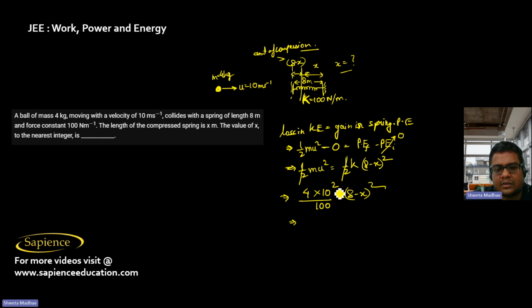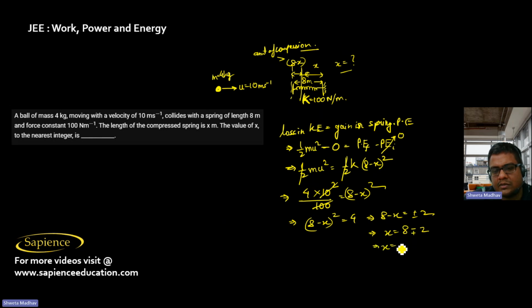So 400, so 100 will cancel. So 8 minus x whole square is equal to 4. So 8 minus x is equal to plus or minus 2. So x can be 8 plus or minus 2.